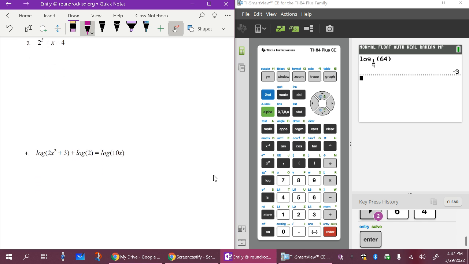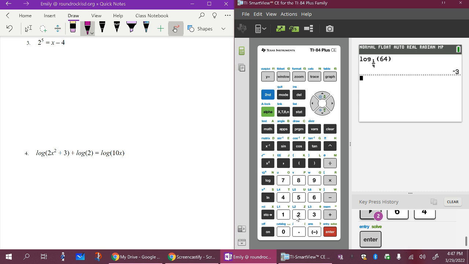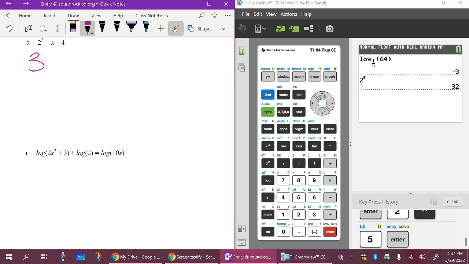For number 3, we need to know what 2 to the 5th is. If you don't know that, you can press 2, a little up arrow thing, and there we go. So 32 equals x minus 4. So that means that x is 36.